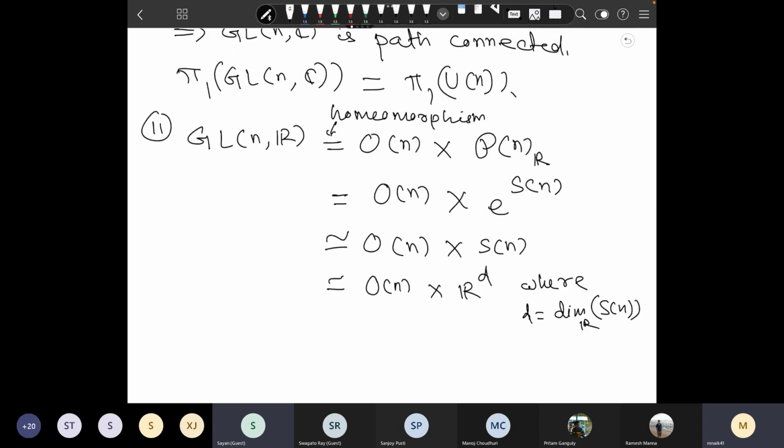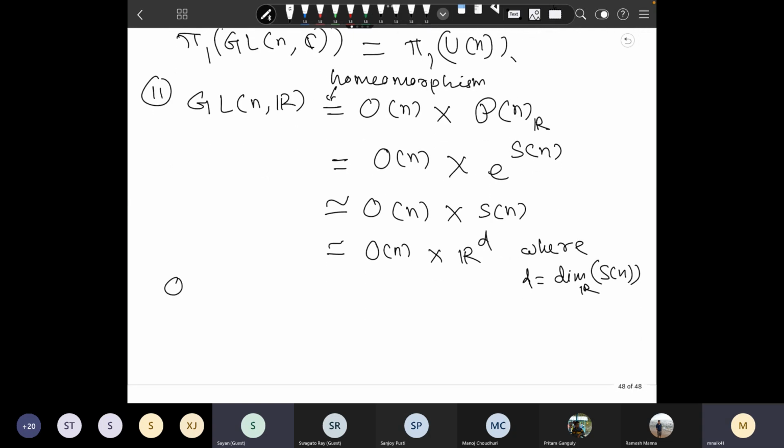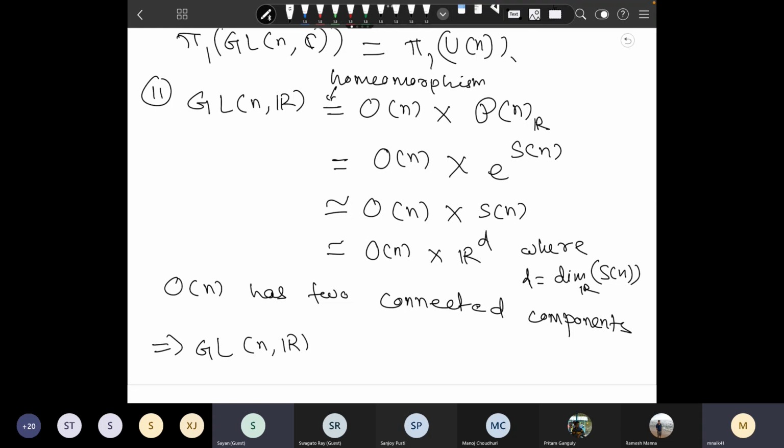So since we have proved that O(n) has two connected components, this implies GL(n,R) has two connected components.